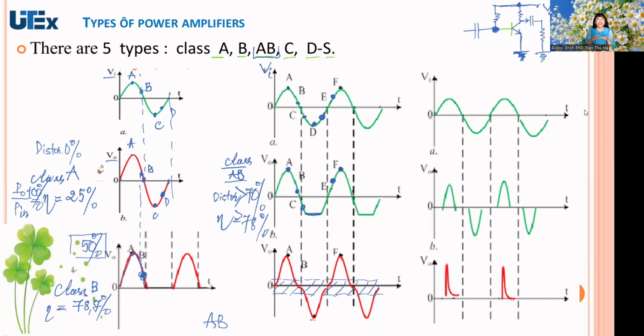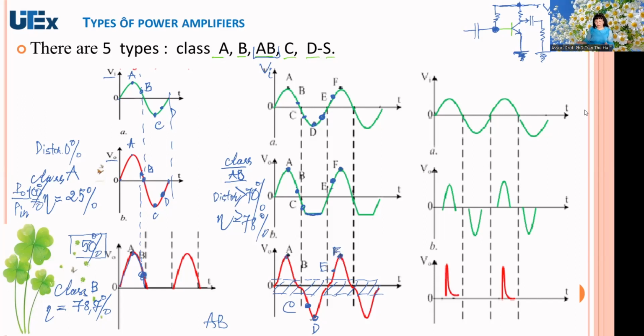This is a distortion of the output waveform, and we lost B, and we have C, D, and E, F.